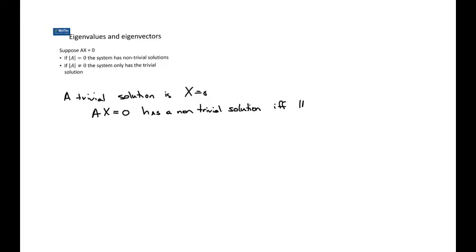We talk about trivial solutions and non-trivial solutions, and we could say that a trivial solution is x equal to 0, but Ax equals 0 has a non-trivial solution if and only if the determinant of A is equal to 0.